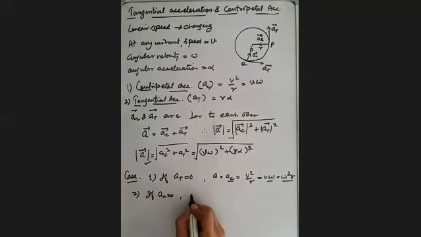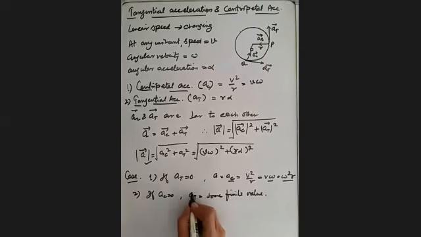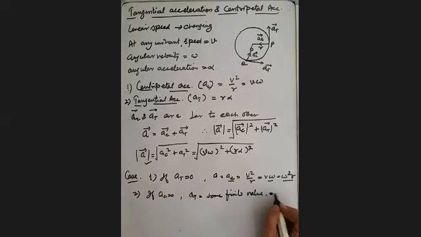So AT will have some finite value. The acceleration acting will now be only tangential acceleration, and the particle will accelerate along the tangent to the circular path, given by alpha r. Okay, so these are about tangential acceleration and centripetal acceleration.